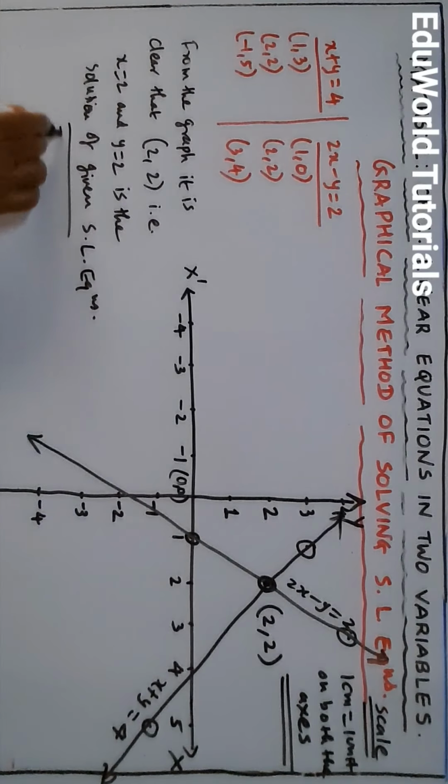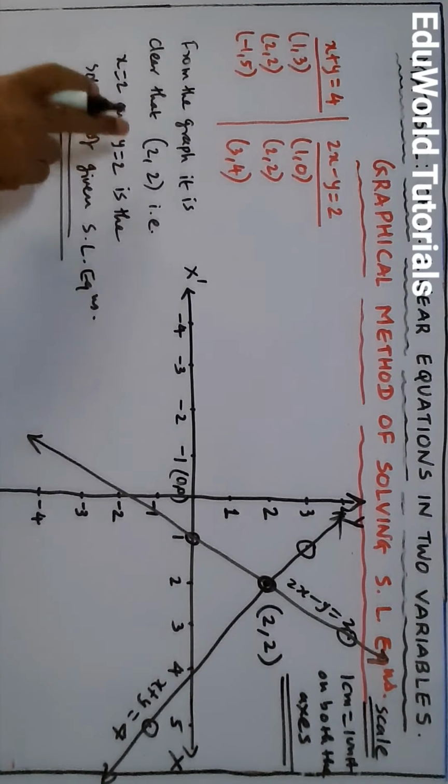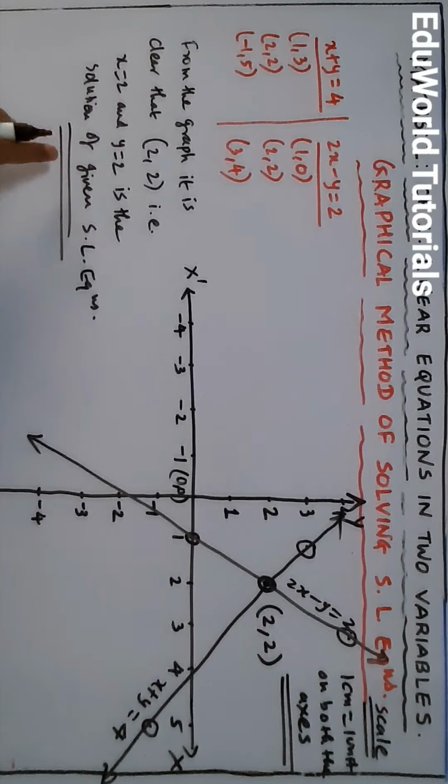Never forget to specify that you have found the solution. First coordinate x, second coordinate y. x equal to 2 and y equal to 2 is the solution of the given simultaneous linear equations.